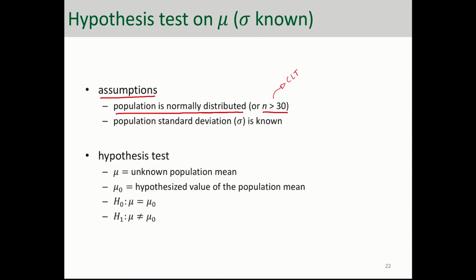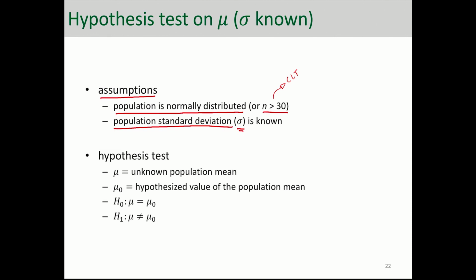The distribution of x bar is normal. So one of these two needs to be in place. And then we also, for now, assume that the population standard deviation, sigma, is known. And you'll see where that comes into play. It comes into play when you're calculating the test statistic.